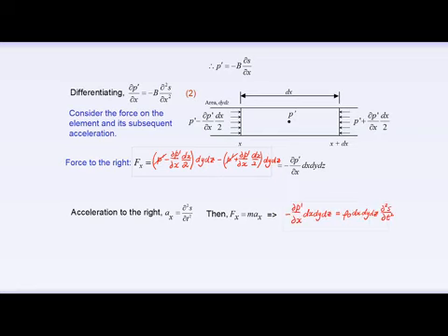And this is what we get. There's the force, there's the acceleration, the mass is just the density times the volume. In here we're assuming that the density doesn't change much as this wave passes through it, so the density is about constant. The fluctuation in density is very small compared with the mean, so we can say that the density is just rho naught times the volume dx dy dz.